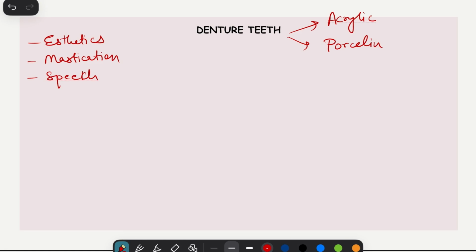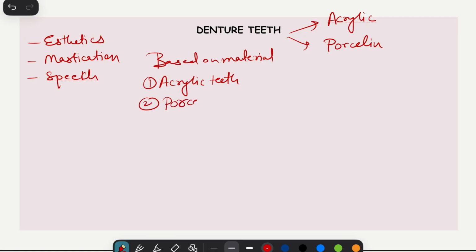Now, there are different types of denture teeth which are classified as follows. Based on material, we have acrylic teeth, porcelain teeth, then the IPN resin teeth, that is the interpenetrating polymer network resin.